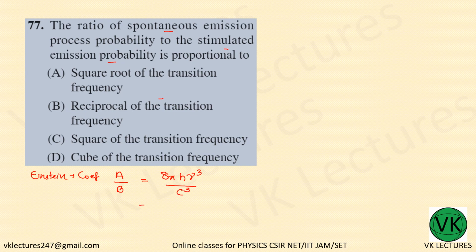Or if you want to write in terms of the angular frequency, you would get h omega cube divided by pi square c cube. So you can understand that the ratio A by B is proportional to the cube of the transition frequency. So from the options, it is option D: the ratio A by B is proportional to the cube of the transition frequency.